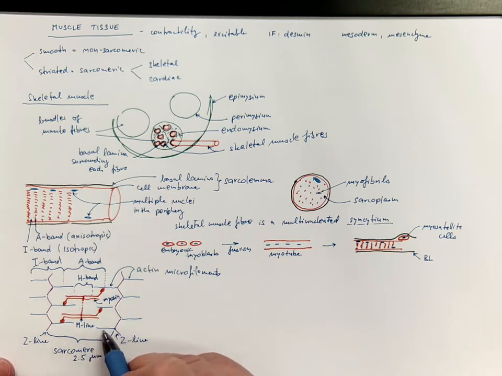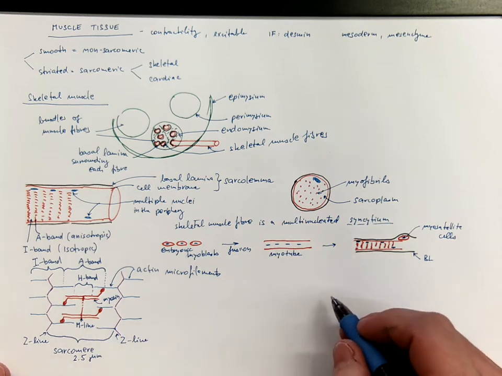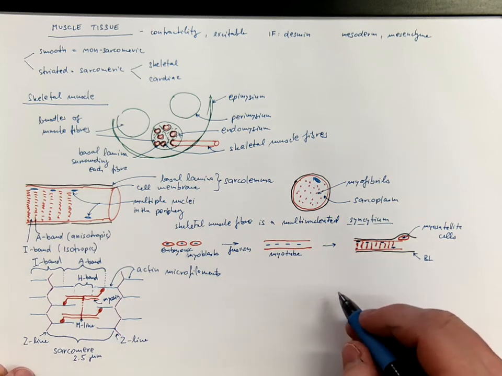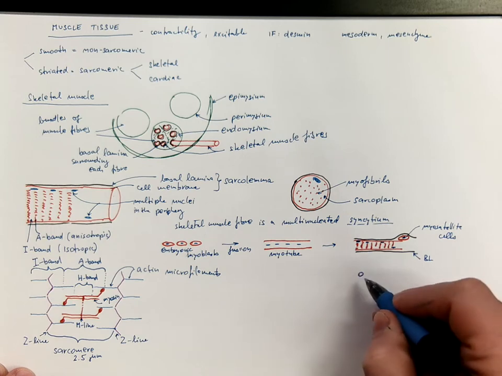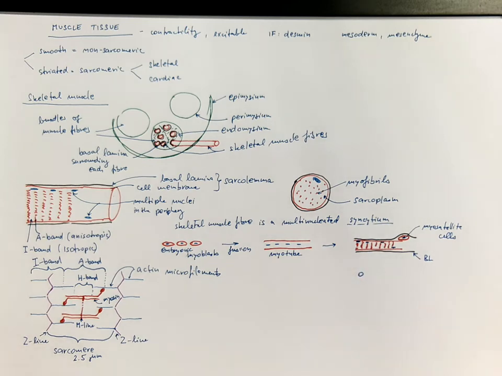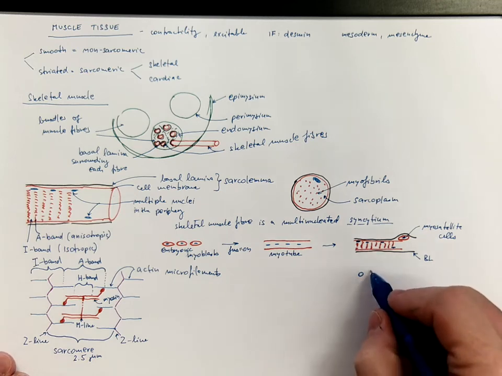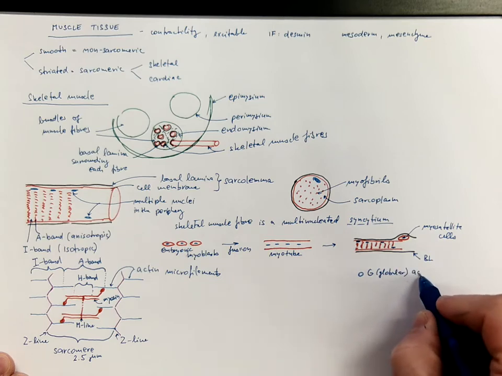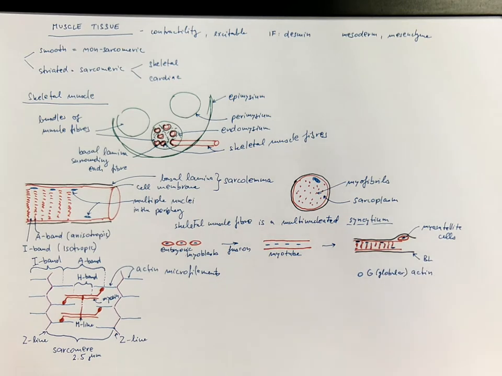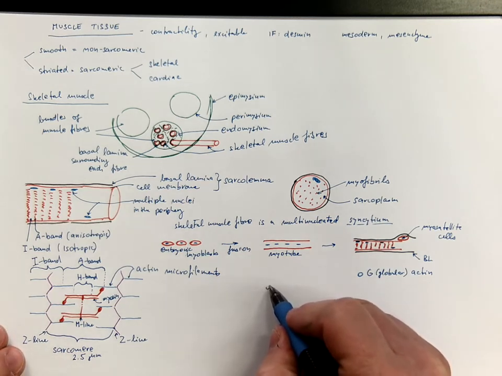The structure of the actin is more complicated. It consists of many units of a globular protein called G, or globular actin molecules, that are arranged into a double helix.